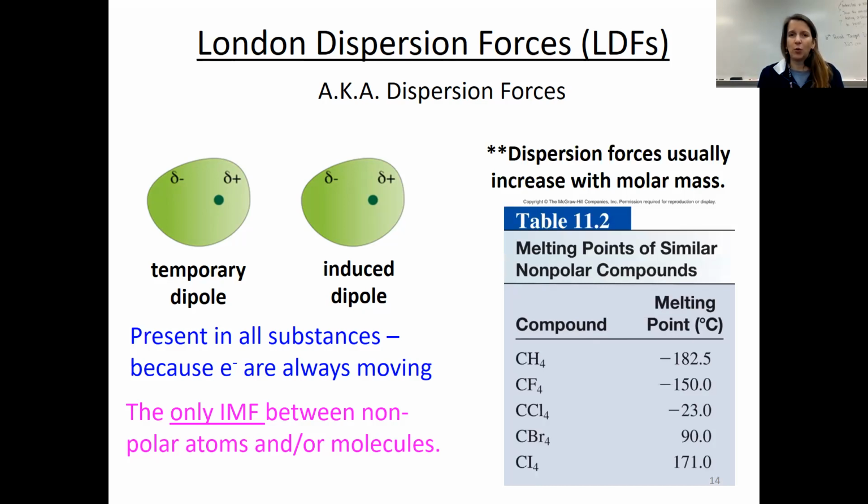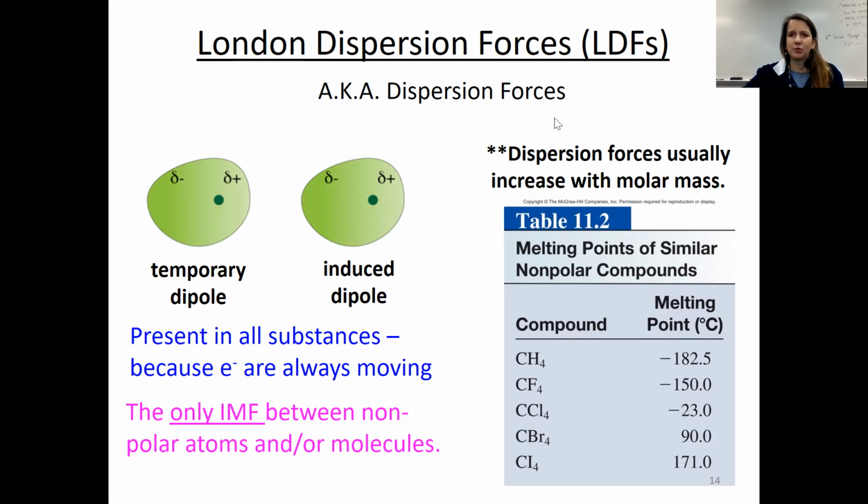So that's why it's really important to draw those covalent molecules to determine the bond polarity and, more importantly, the molecular polarity, because this is the only IMF in nonpolar molecules, because we have to figure out, well, is there a lone pair on that central atom? Are all of the ends the same? Or is it symmetrical and it would only experience London dispersion forces with other nearby atoms, right?